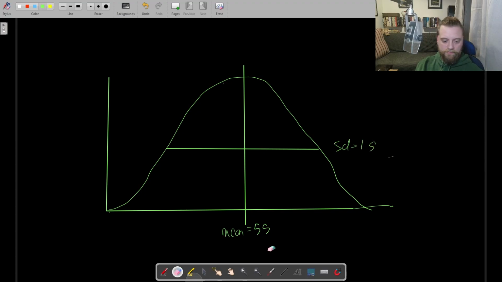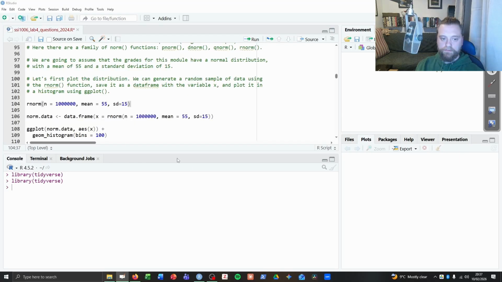Let's clean that up a bit. So what we're going to do is we're going to generate 1 million random observations, but we're going to tell it that we want the distribution to be normal, and we want the mean to be 55 and the standard deviation 15.